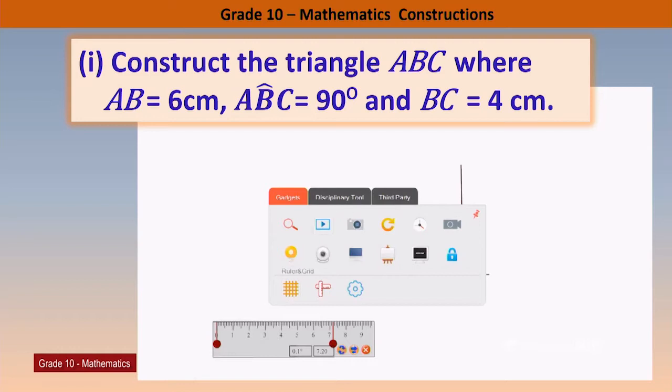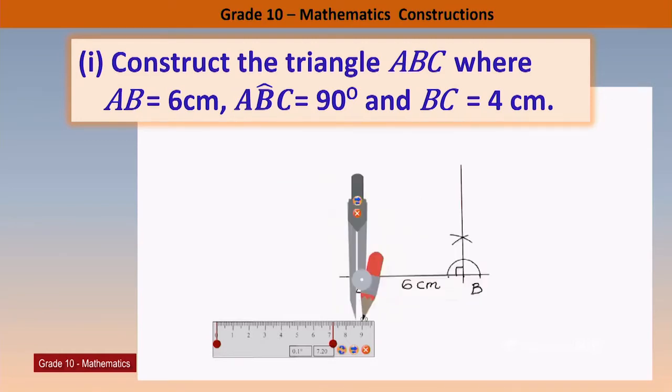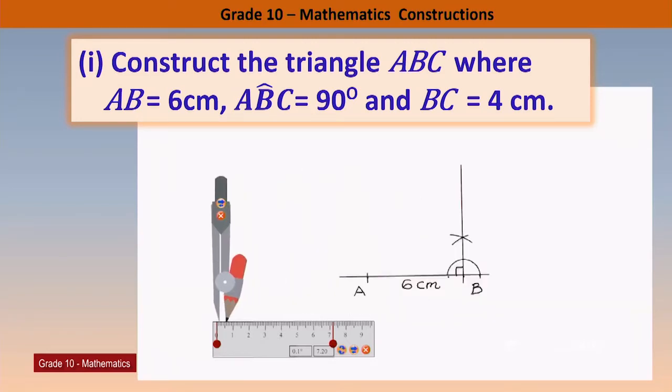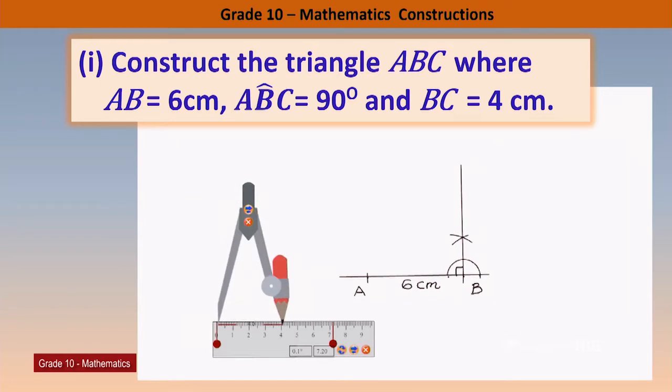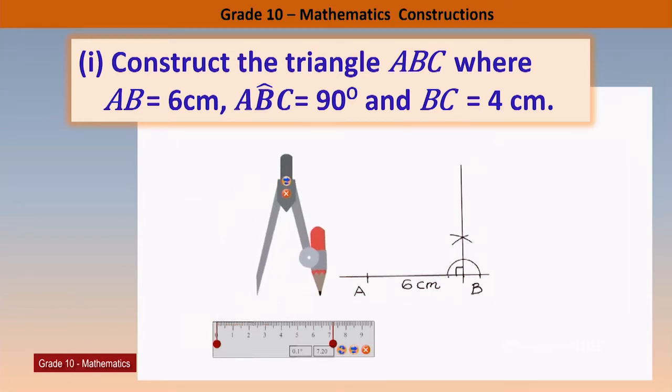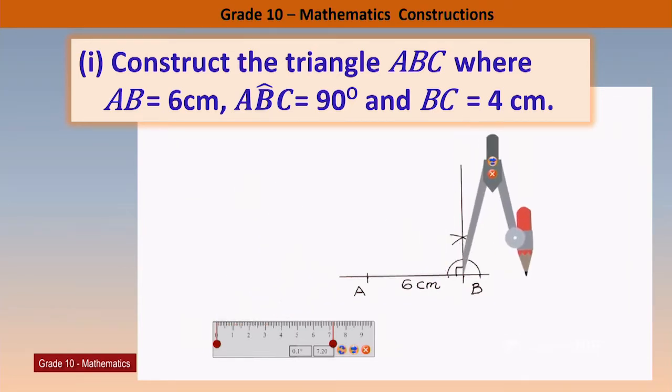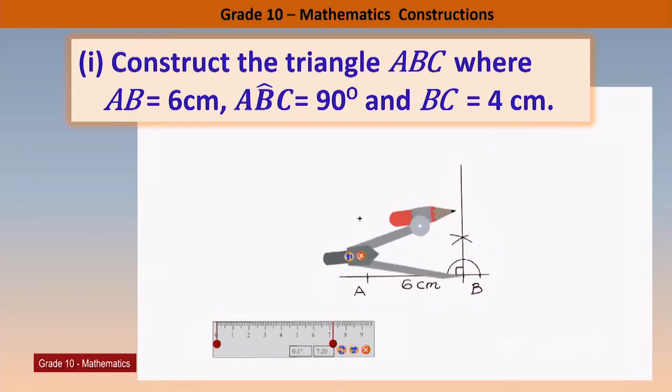Next we want to find the point C. B to C 4 centimeter. Take the radius as 4 centimeter and keep the steel point on B. Take that point as center, draw an arc. The radius is 4 centimeter.